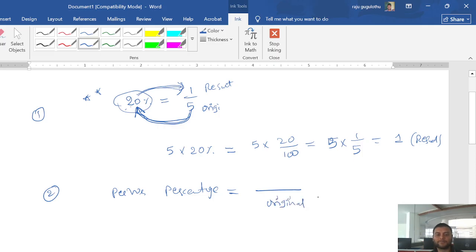This is a very common expression to follow, guys. We write the original number in the denominator and the result in the numerator, which will be multiplied with 100 to convert that into percentage. And the result can be anything, guys. The result can be your pass marks, your profit, your loss, your discount. Like that, the result can be anything.